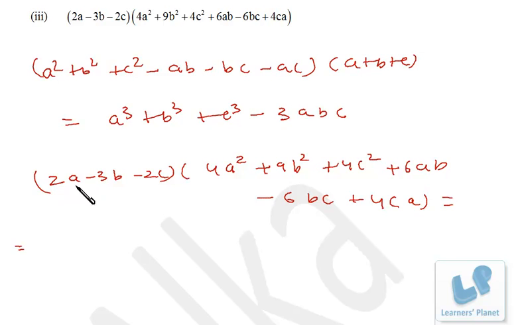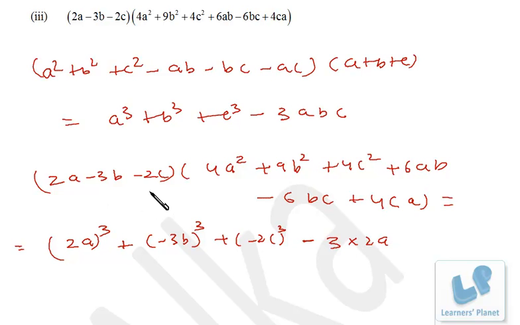A is what here? It's 2a. B is what? It's minus 3b. C is what? Minus 2c. Okay. And then minus 3. A is what? 2a. B is minus 3b. And C is minus 2c.